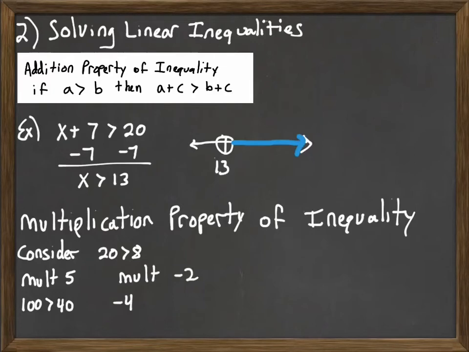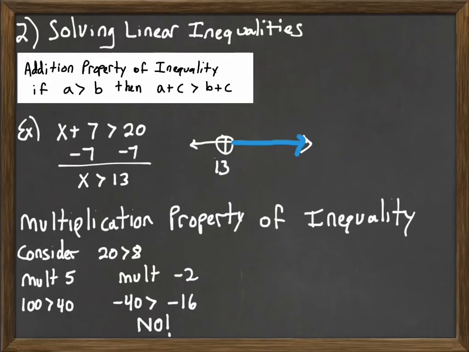On the other hand, let's multiply the inequality by negative 2. 20 times negative 2 would become negative 40. 8 times negative 2 would become negative 16. And then we'd have the inequality negative 40 is greater than negative 16. If that was true, that would mean I'd rather owe $40 to someone than owe $16 to them.